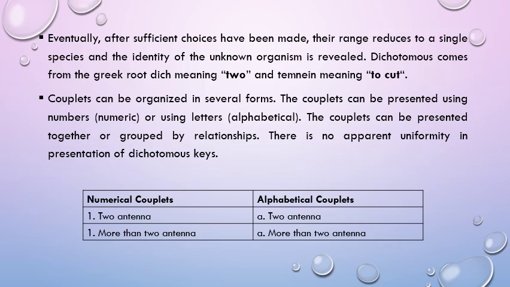Dichotomous comes from the Greek roots dicha, meaning two, and tomia, meaning to cut. So obviously at each step we are eliminating one species, so at the end of the key we will have just one species or one organism left, and that will be the identified organism.